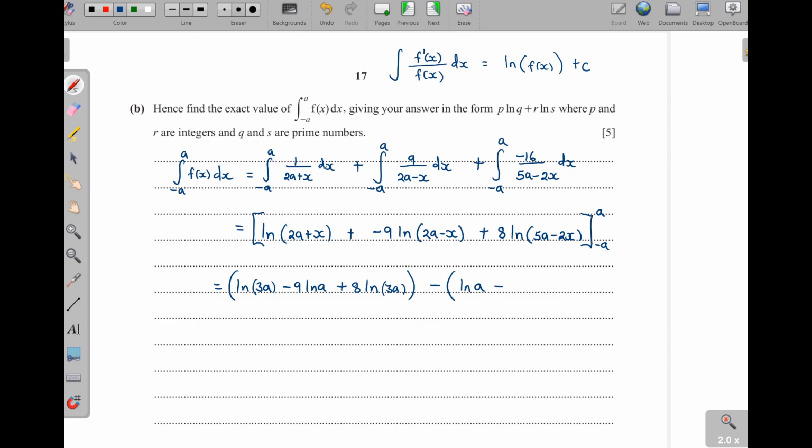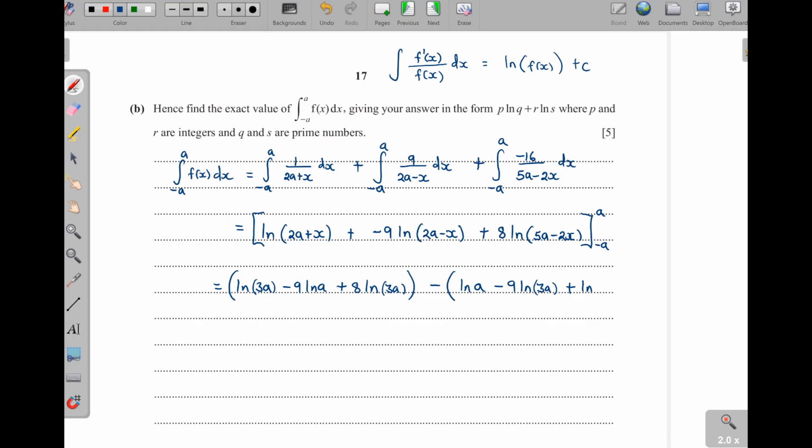Then minus, now let us have this one here in here. So 2a minus minus a, that will be 3a, not so? So 9, then natural log of 3a. Then what else? We have put this one here. That will be 5a, then plus 2a, that will be 7a.